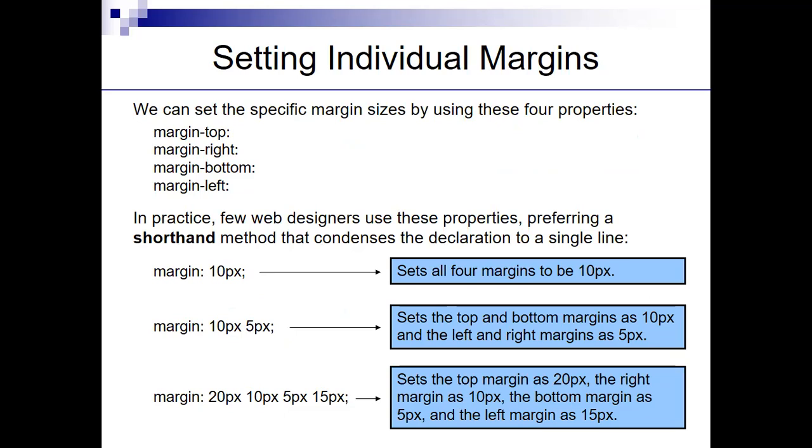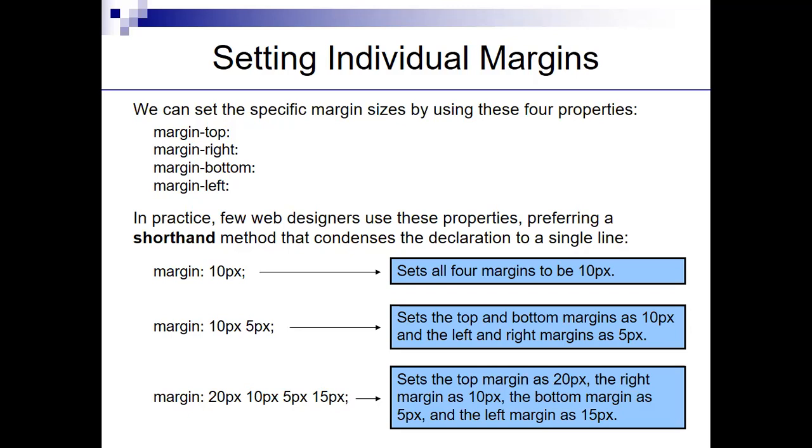If you have now familiarized yourself with the top properties, and you want to use the short form method of writing these margins and paddings, we can use the specifications shown down there.